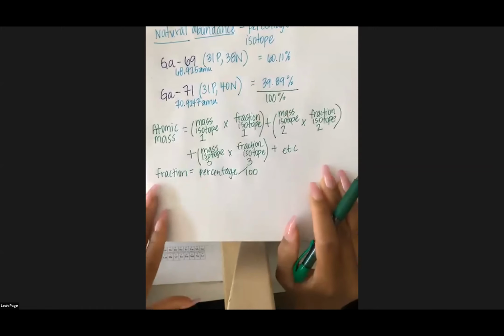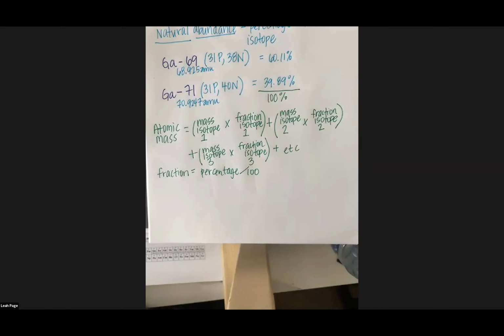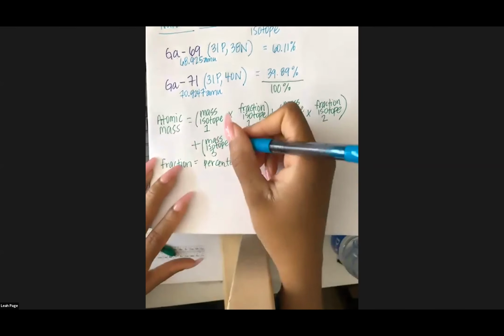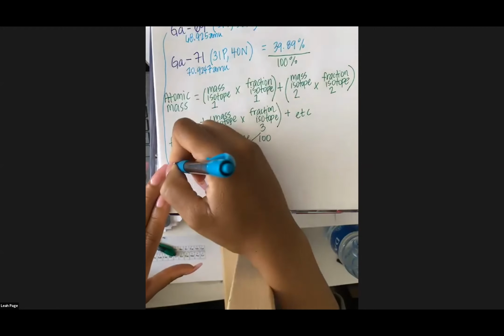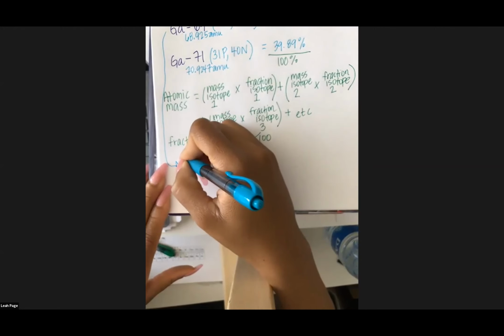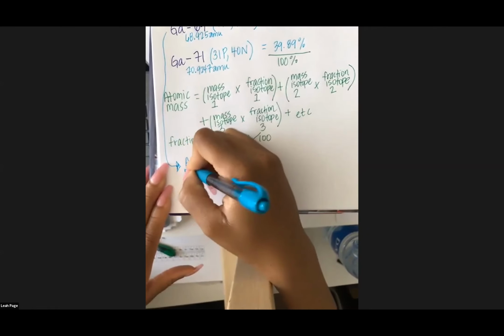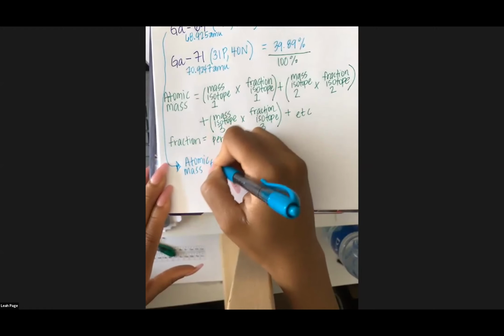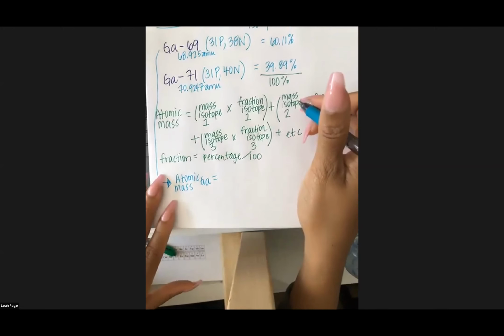But let's figure out the average atomic mass for these isotopes of gallium. If I follow this equation, I'm going back to gallium here. The atomic mass of gallium should be equal to the mass of isotope 1.